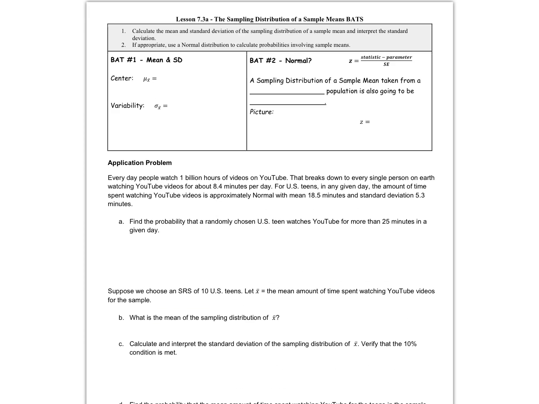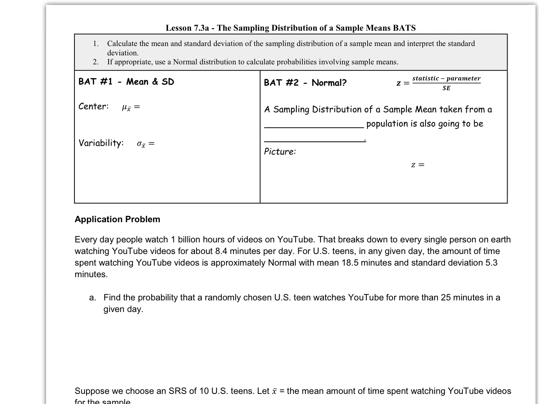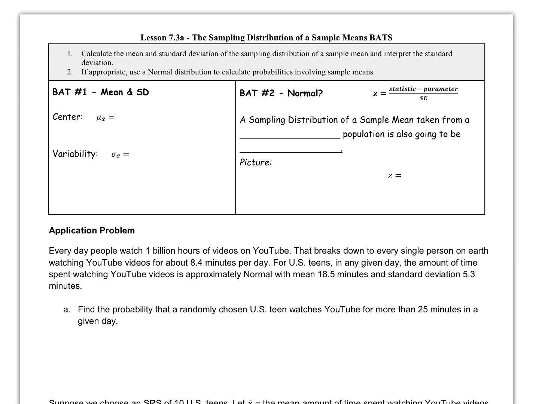So the mean of all the x bars, if you do every possible x bar of a distribution, the mean of them is the mu, the true population mean. Sometimes the way they give it to you in a question is the claim. They claim the average number of hours of sleep is whatever. That's the population mean.